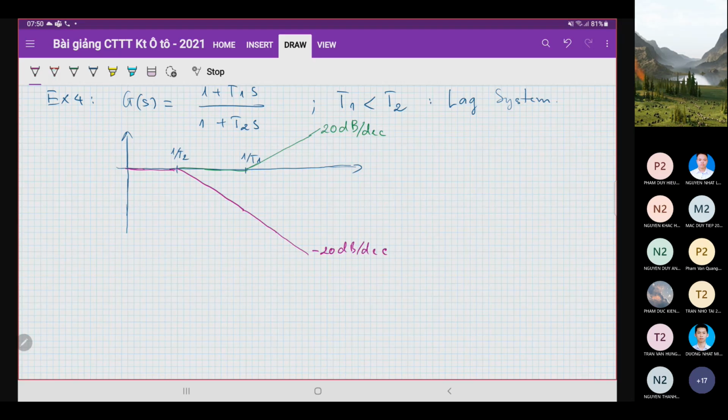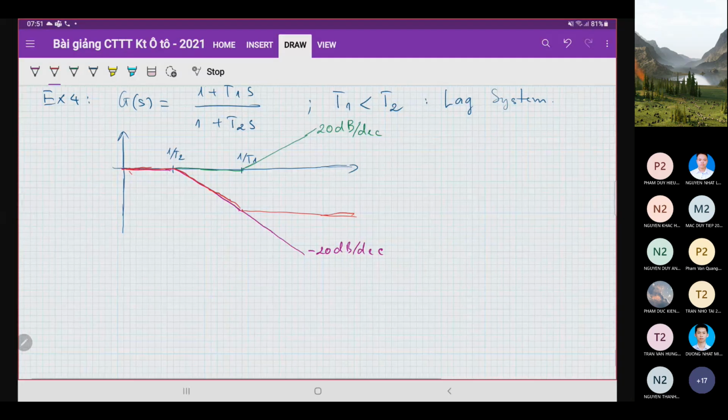Okay, and the final one we have here, you see, it goes to this line, and then at this point it goes to a straight line again. That means the exact lines will be like this.